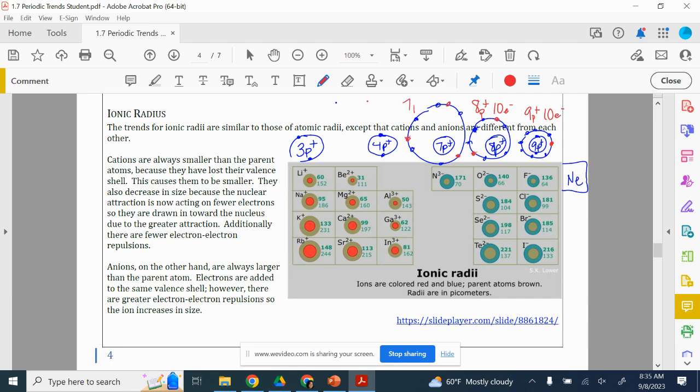Now I've got 7 protons pulling on 10 electrons. They can hardly hold that thing together. They're way out here. Okay? So as you move across, the ionic radius is going to increase as you move from here to here. Does that make sense why? Okay. I told you. You had to take a deep breath for that one.